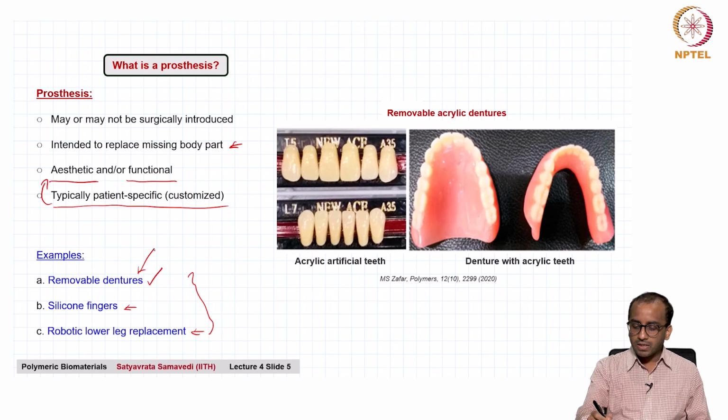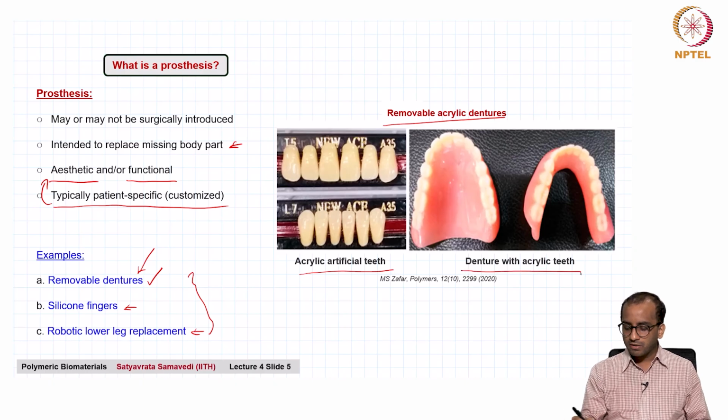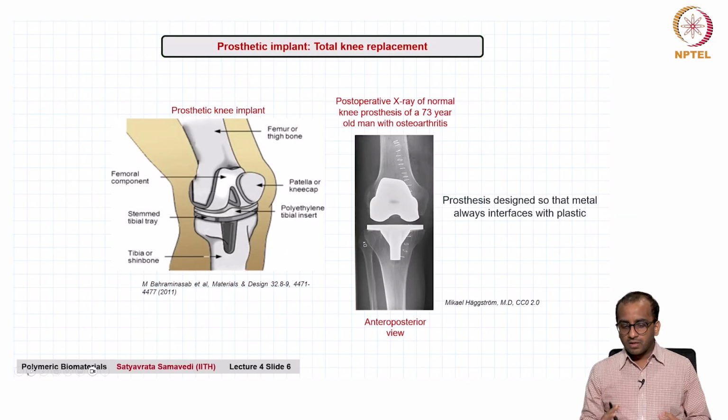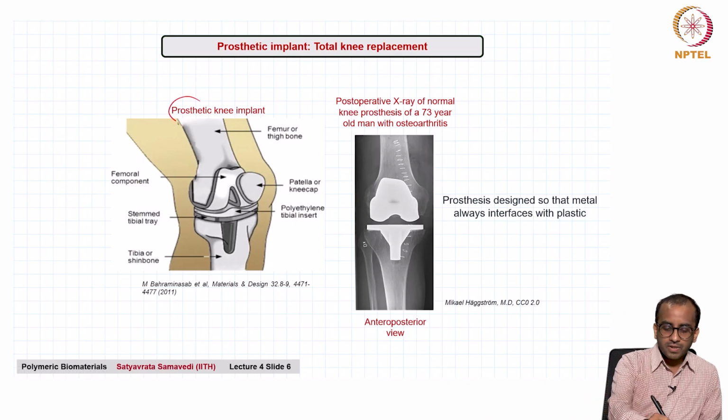Now shown here are removable acrylic dentures, which are acrylic artificial teeth, and shown here is a denture which is just the base over which the teeth sit with the acrylic teeth. Now we will look at an example of a prosthetic knee implant where, like a prosthetic, it is intended to serve a specific function.